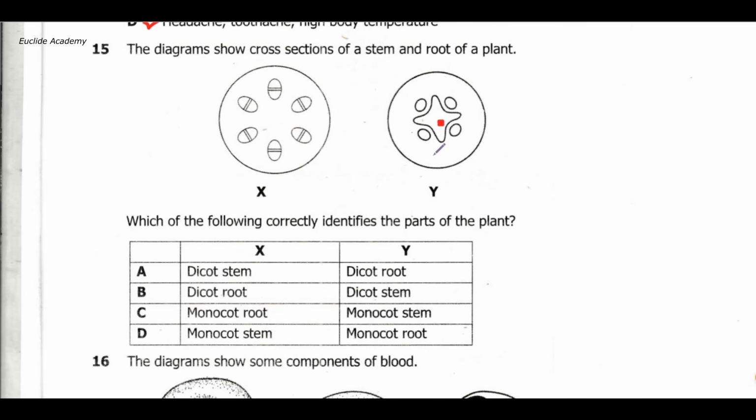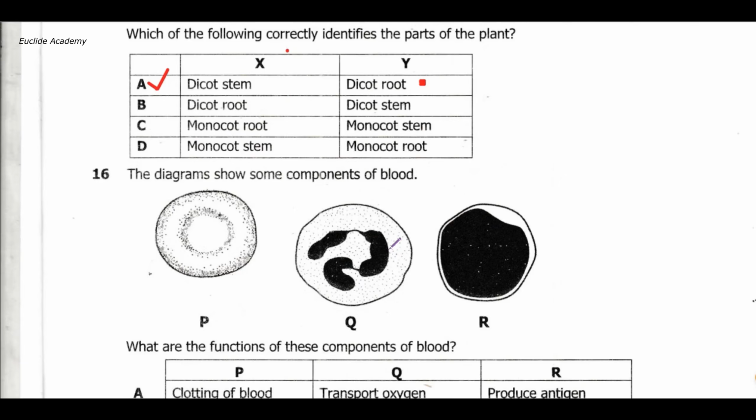Y has to be a dicot root, not a monocot root, and X is a dicot stem, because we look at the structure, the xylem and the phloem, and the way they are spaced or arranged. So this is a dicot root, and this is a dicot stem, which is A, not the other way around.